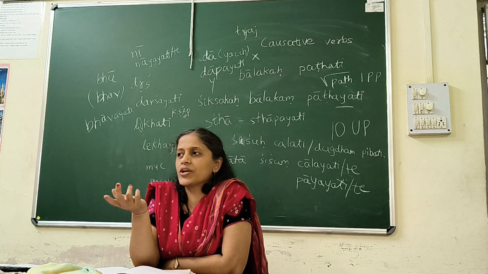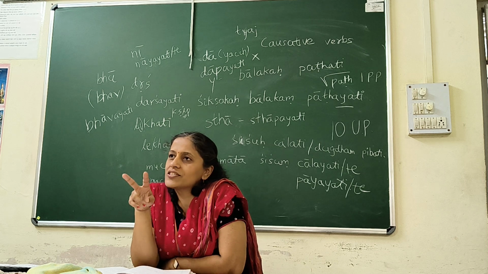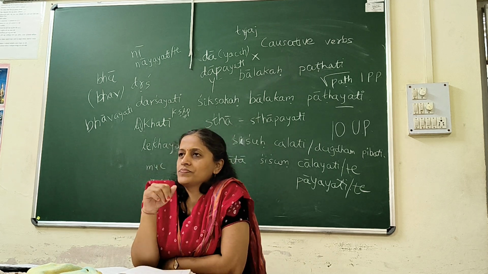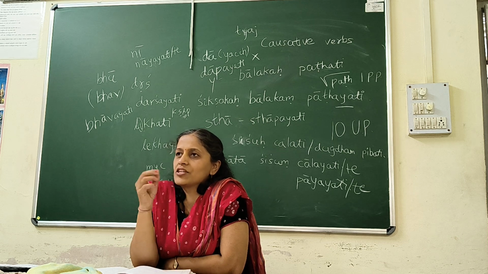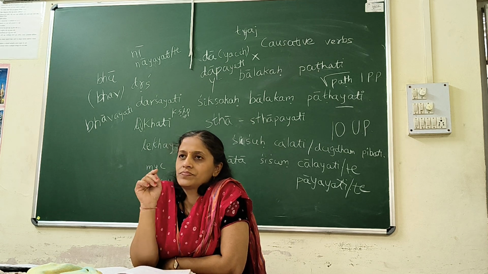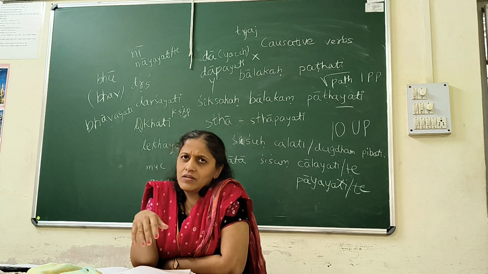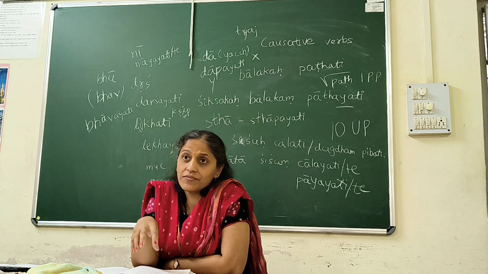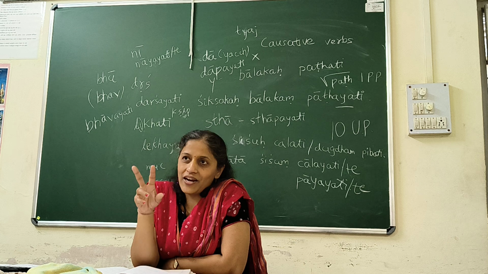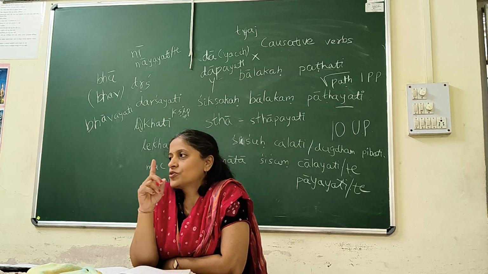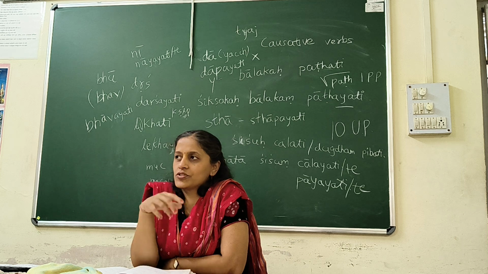Then how to understand? Looking at the context. If there are 2 agents, then it's causative. If there is only 1 agent, it's non-causative. Looking at the sentence, you understand whether causative is used or not. So you have to refer to the text.